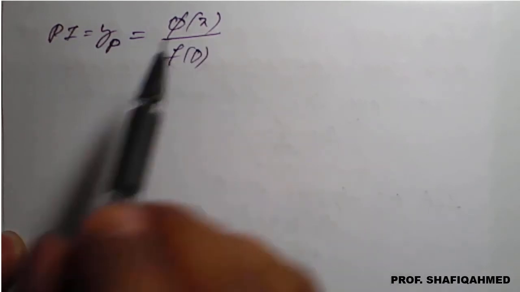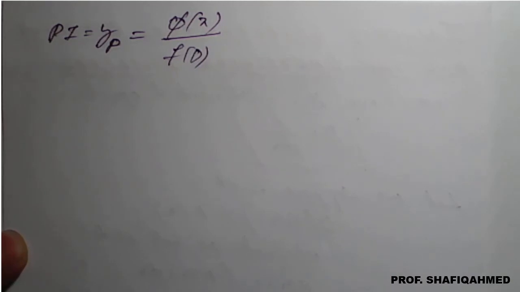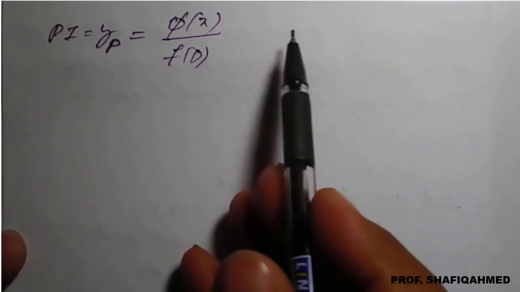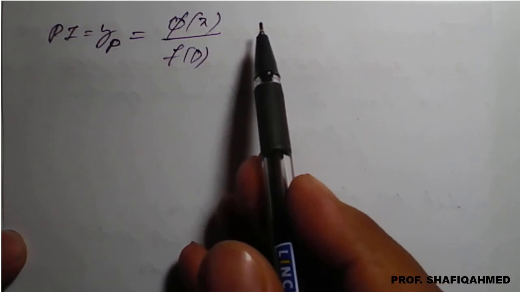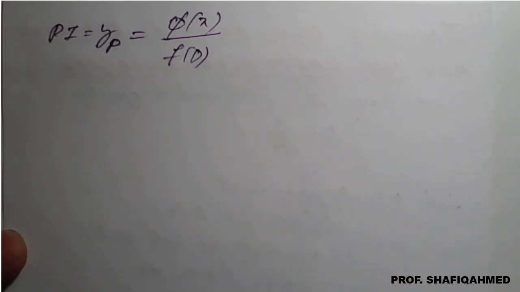But this phi of x has different kinds of forms. Usually we have specific forms, like e raised to ax form, or phi of x may be a trigonometric function like sine x or cos x. Then we may have other forms also, like tan, and polynomials. These are the different types for getting particular integrals.